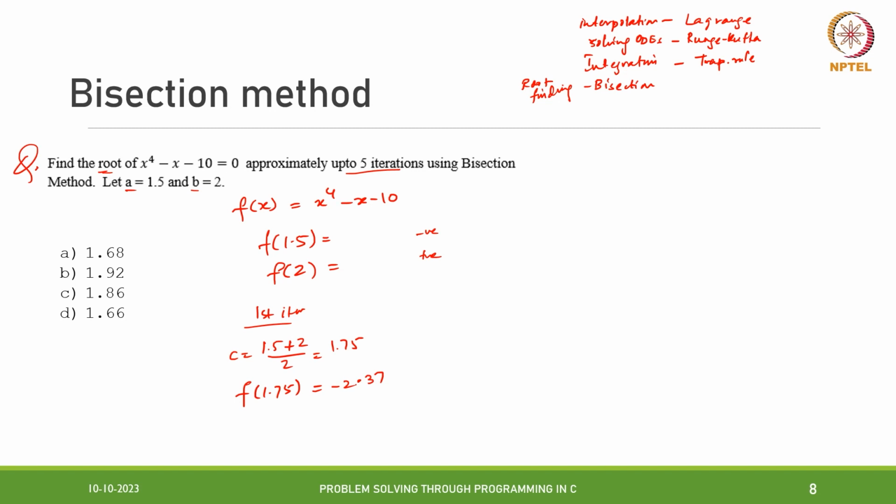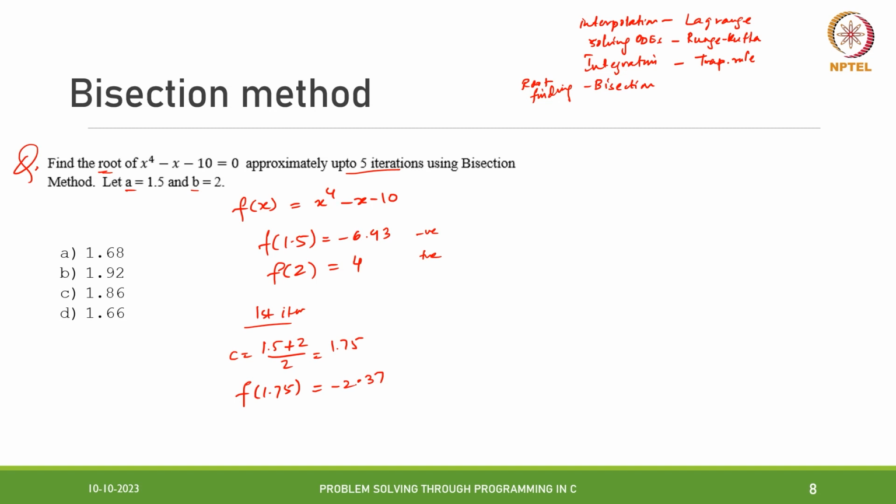If you calculate exactly, that would be much more helpful. Minus 6.43, and at 2, four, right? Something like 4. So 16 minus 2, 14, minus 10, 4, right? So you can see that this negative value is closer to 0 than this negative value, right?